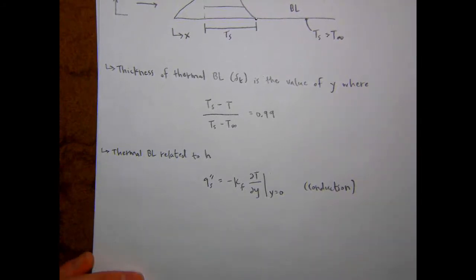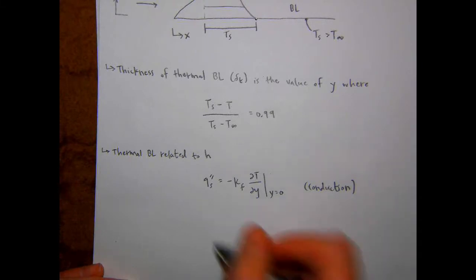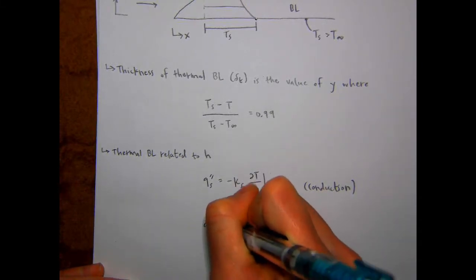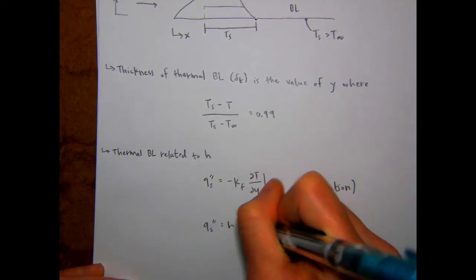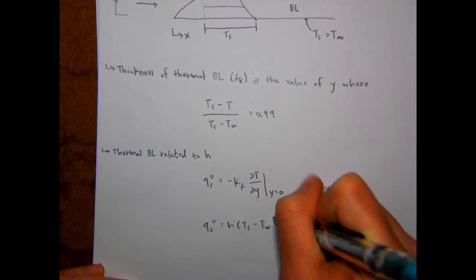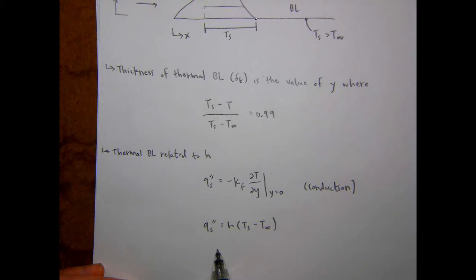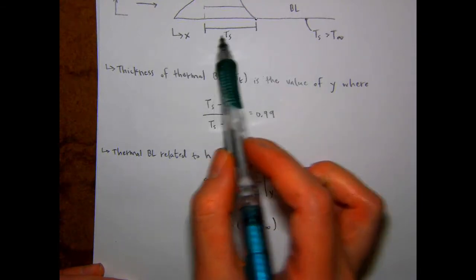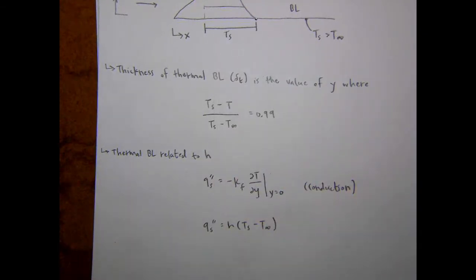And then we can also write an expression for what the convection from the surface is, just using our convection rate equation. And again, writing it in terms of fluxes because we're not talking about any specific distance. We're just talking about, per unit area, what the heat flux is.